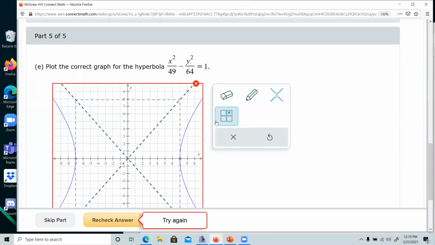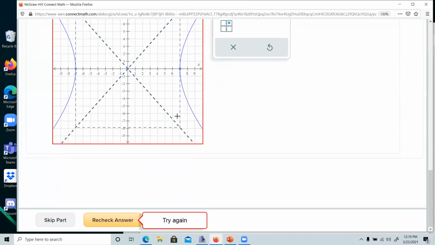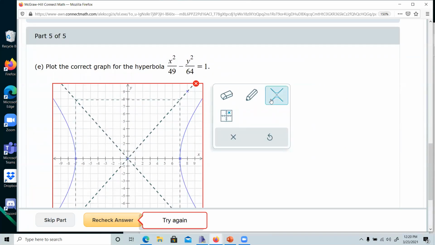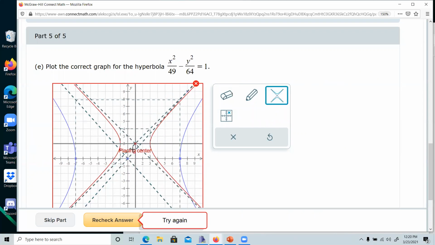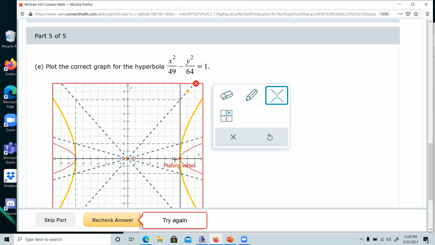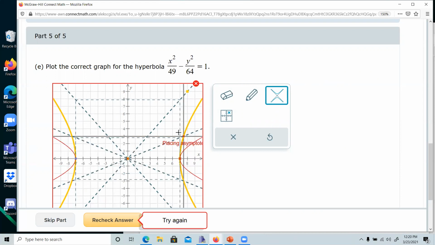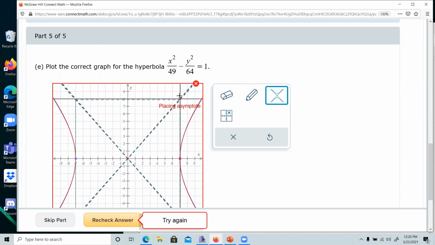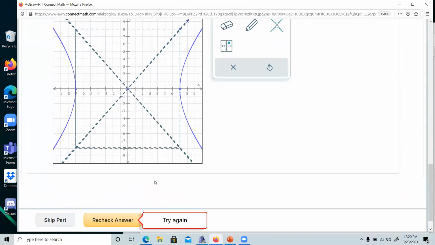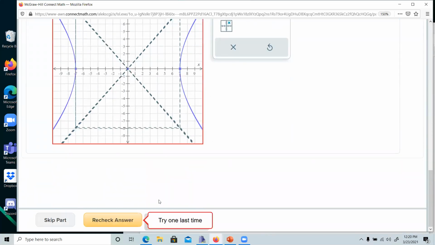Oh, let me try again. 8/7. I'll place the center. Vertex, it's at 7 and -7, so we're okay there. And then place an asymptote.